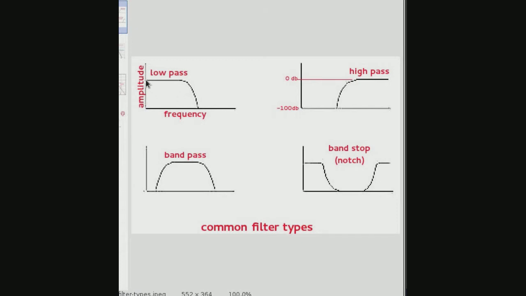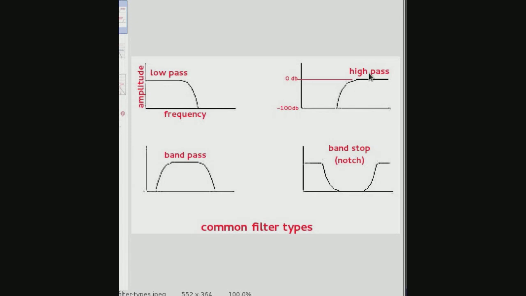A low pass filter, if this is the frequency that's coming into it, is going to pass all those low frequencies, and at some frequency here that we call a cutoff, it's going to start to roll off frequencies so that the higher frequencies are shut down and you can't hear them at all. Here's the gain, the amplitude, the volume, whatever you want to call it. So a low pass filter is going to let low frequencies go through, and high frequencies are going to be cut off.